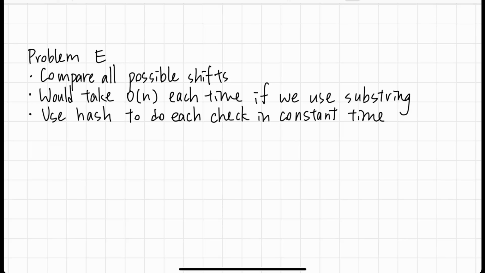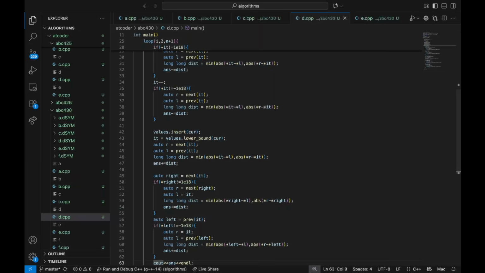And the hash can be calculated quickly because it can be calculated for the whole string, and then we can get the value for some certain substring quickly. So this allows us to check whether these strings are equal. And let's look at the code to see how this is implemented.